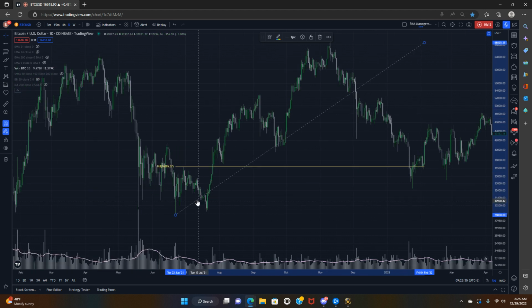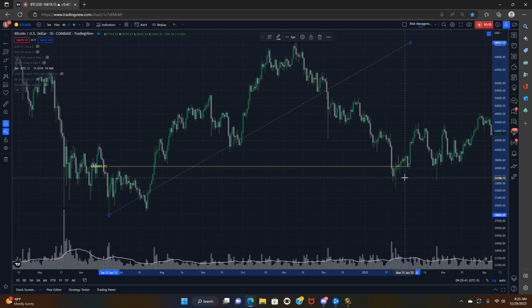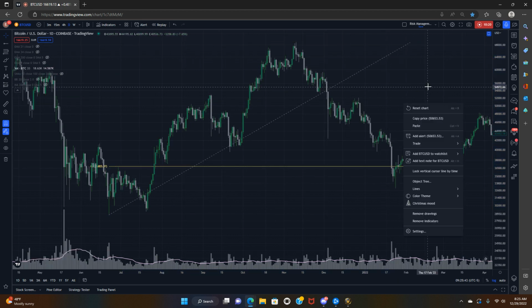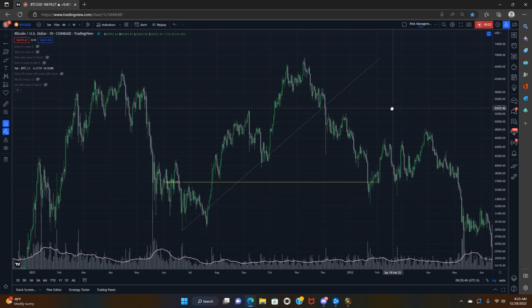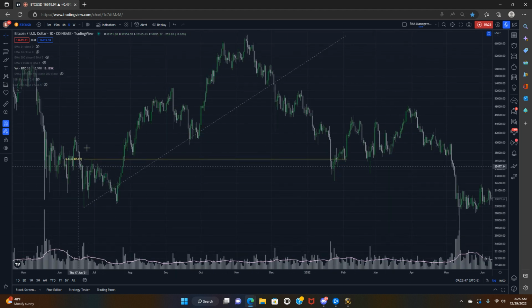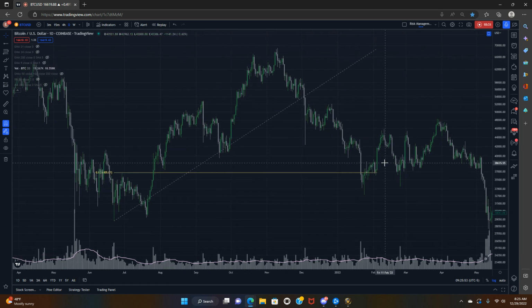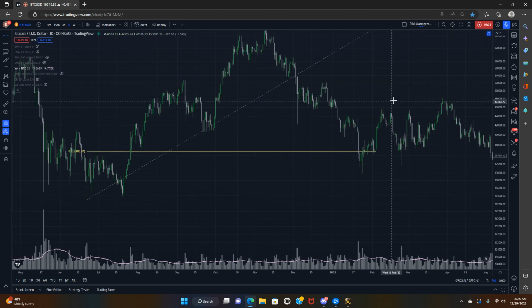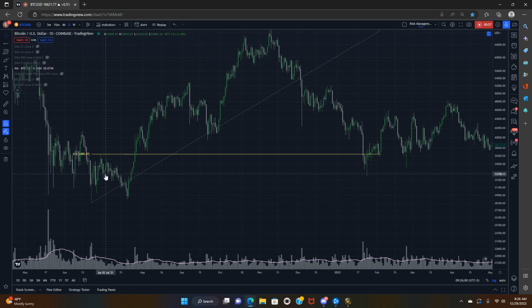But the idea is that whenever you get these long-term consolidations and then an impulsive move up to create a swing, you have a structure of a price swing right here. So whenever price comes down and hits that level, assuming that the base you're looking at lines up with the 0.8 retracement, 0.79 retracement, that's generally going to be a good trade, right?